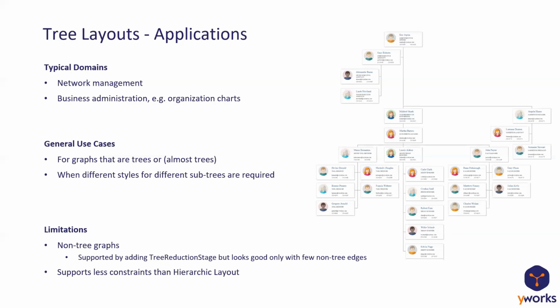It applies this layout, and these special non-tree edges need to be handled by a routing algorithm, so the whole result is not so nice anymore if you have a lot of those non-tree edges. Another limitation is that it supports a lot fewer constraints than, for example, the hierarchic layout.